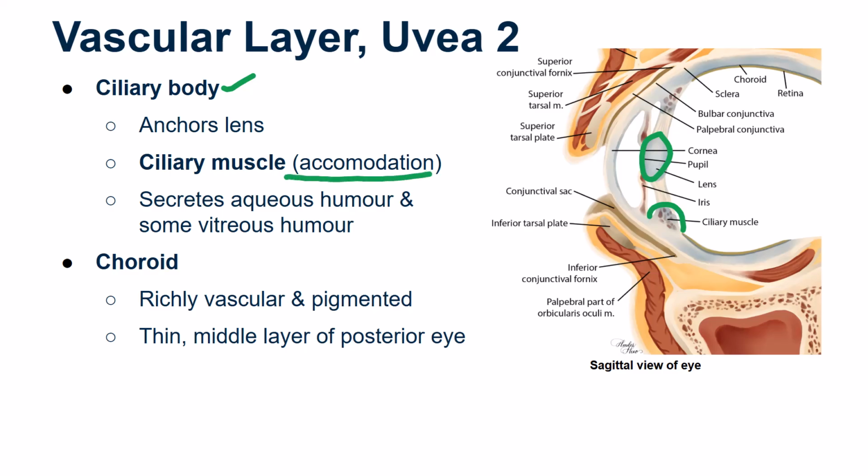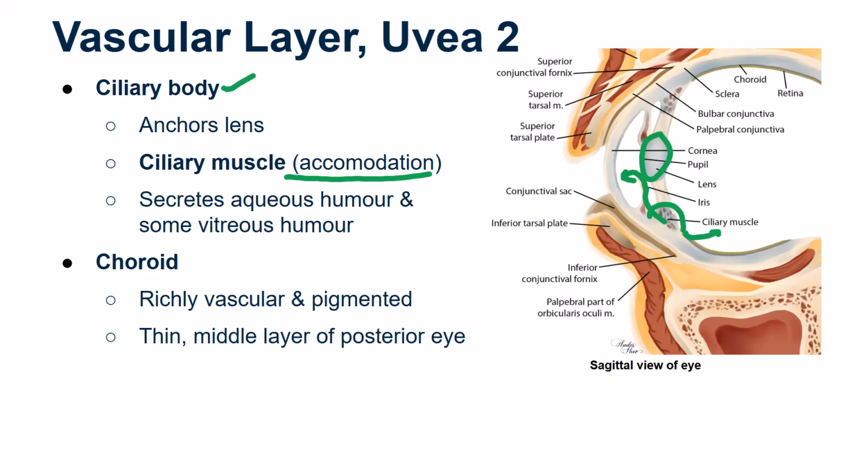This ciliary body also is what secretes aqueous humor. Aqueous humor can move through the posterior segment through the pupil into the anterior segment of the lens. It also can secrete some vitreous humor into the posterior chamber.